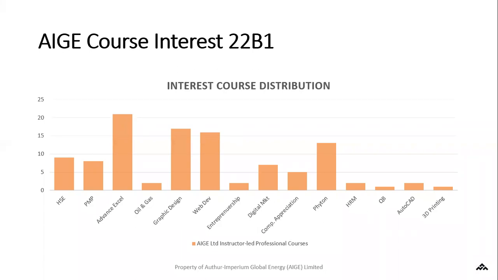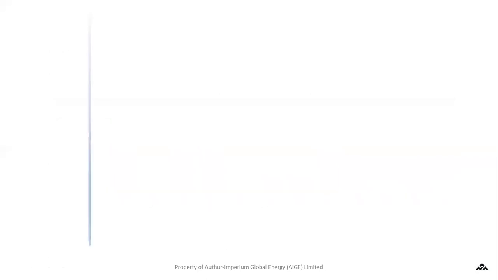But this shows the distribution of those that have registered so far from the information that we received from you on camp. The next step is the reason why we are here, and I'll be sharing everything you need to know with you.